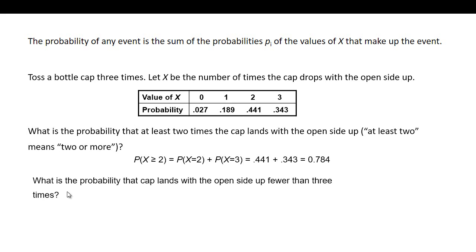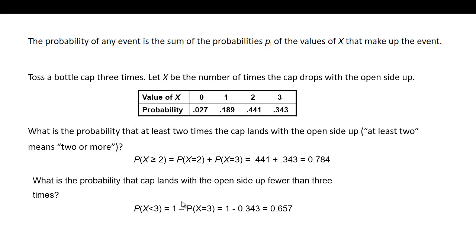What's the probability that the cap lands with open side up fewer than 3 times? Well, in this case, we're asking what's the probability that x is strictly less than 3, which is the same as 1 minus the probability that x is greater than or equal to 3, but x doesn't take values bigger than 3, so it is 1 minus the probability that x is 3, which is 1 minus 0.343, which is 0.657.